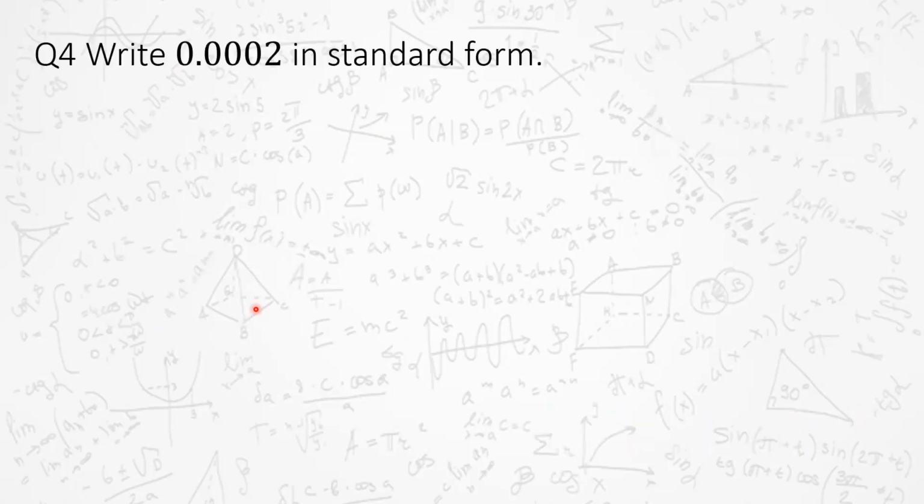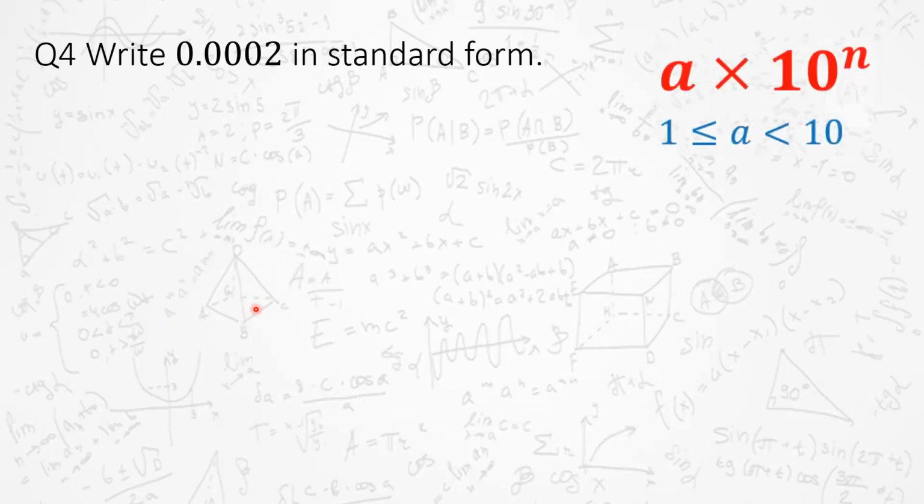Next one, question 4. Write 0.0002 in standard form. Remind ourselves about standard form: a times 10 to the power n, where a is between 1 and 10. So the only option we have is picking the number 2. Again, this number 0.0002 is smaller than 2, so our power of 10 will have to be a negative number.